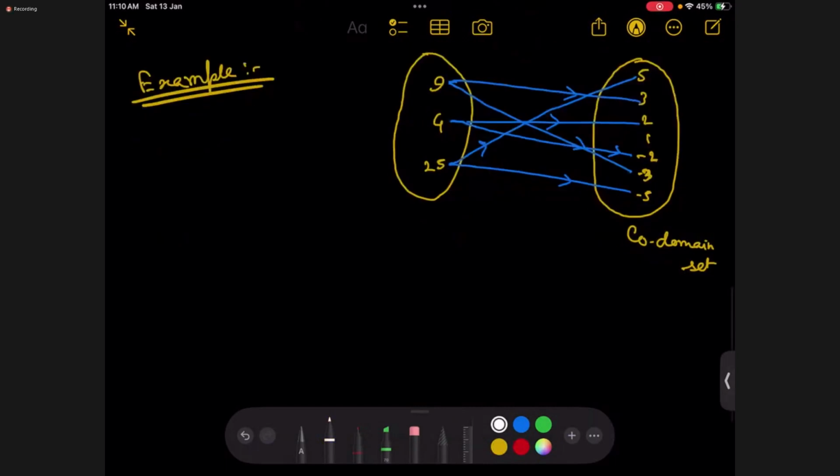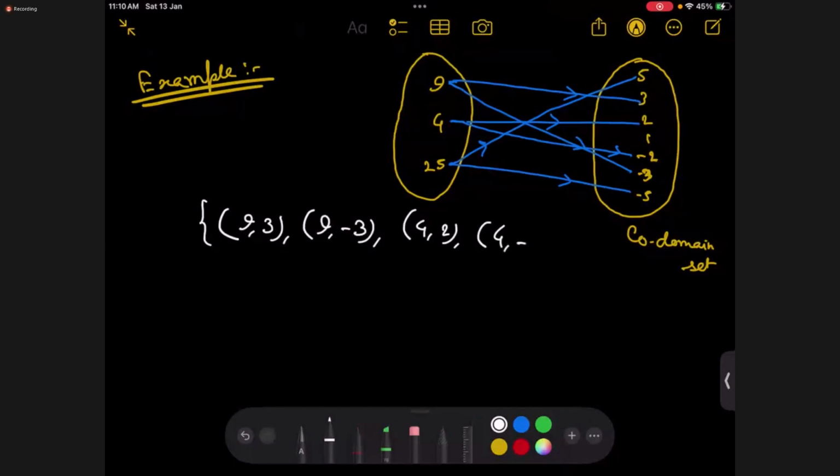Now the question is, what is the relation in roster form? First of all, we can write it in roster form. The roster form is 9 comma 3, 9 comma minus 3, 4 comma 2, 4 comma minus 2, 25 comma 5, 25 comma minus 5. This is the roster form of this relation.